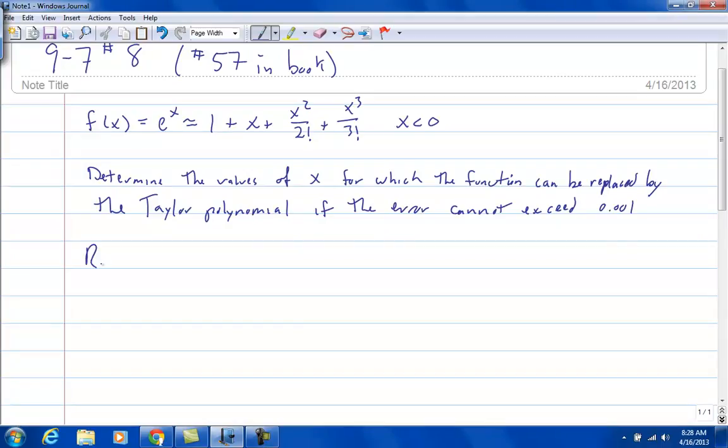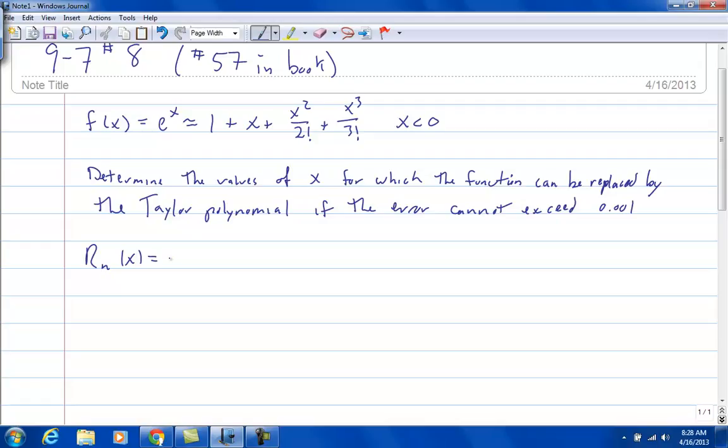It says R_n of x, and this n corresponds to this term here. So we have the 0, first, second, third term.